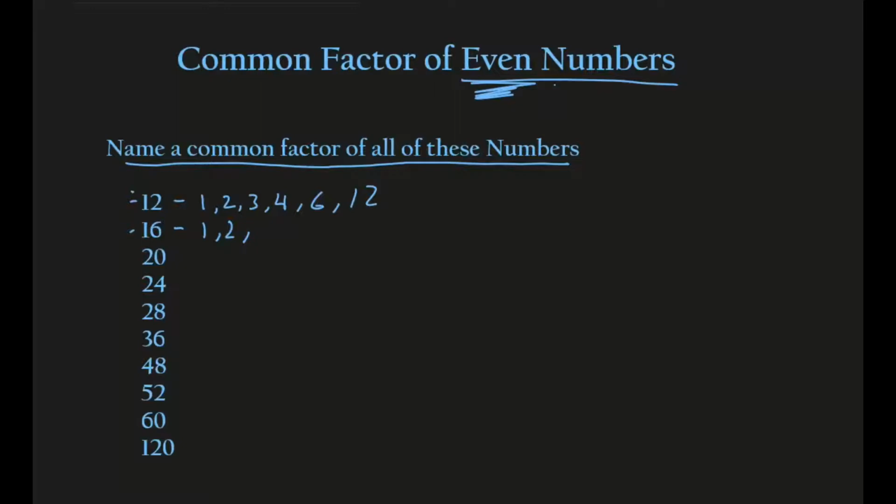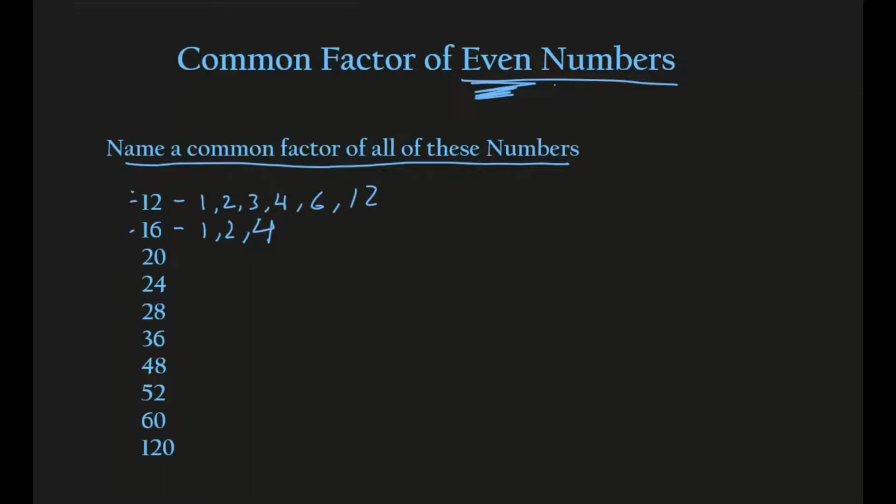And then 3, no, because 16 is not in the 3 table. 3 times 5 is 15, and 3 times 6 is 18. And then 4, yes. 4 times 4 is 16. So we get a 4 there. And then 6, no, because 6 times 2 is 12 and 6 times 3 is 18. And 12? No. So that is all the common factors for 16 and 12. Let's erase that.